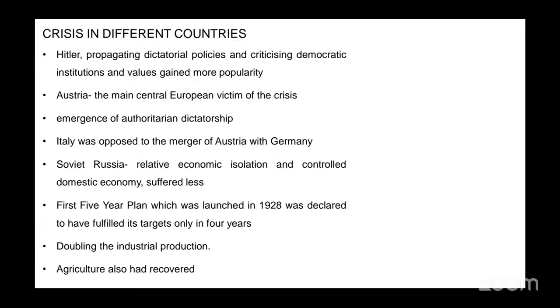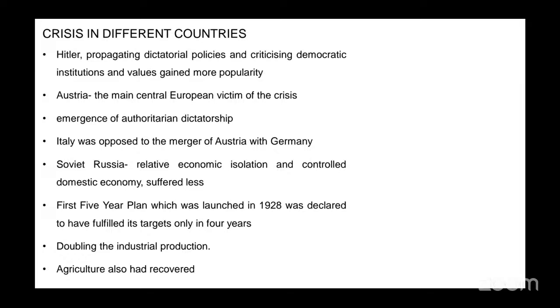Then Hitler propagated dictatorial policies and criticized democratic institutions, and these values gained popularity. As people were morally broken and faced humiliation from these treaties, they started to look for personalities, but this personality was criticizing democratic institutions.